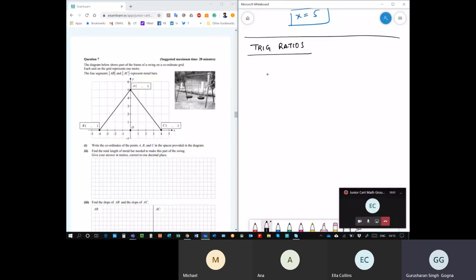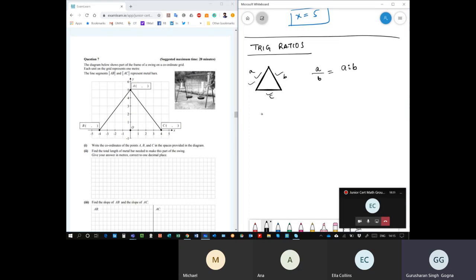You can compare two sizes, isn't it? So let's say in case of a triangle, any triangle, I can compare this side with this side or this side with this side, isn't it? How? Let's say this is whatever A, B, C. So I can compare A with B as a ratio A is to B. Okay, A over B means A is to B. So what do you mean by comparison?